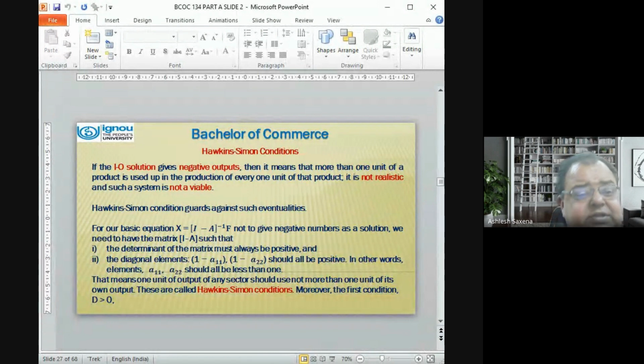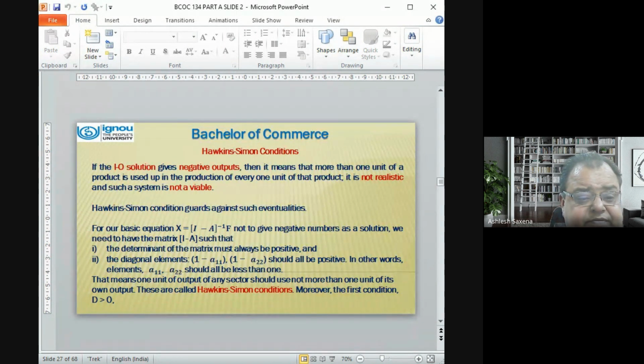How do Hawkins-Simon conditions guard against such eventualities? For our basic equation, x is equal to (I minus A) inverse into F, not to give negative numbers as a solution, we need to have matrix I minus A such that the determinant of the matrix must always be positive and the diagonal elements should be positive.